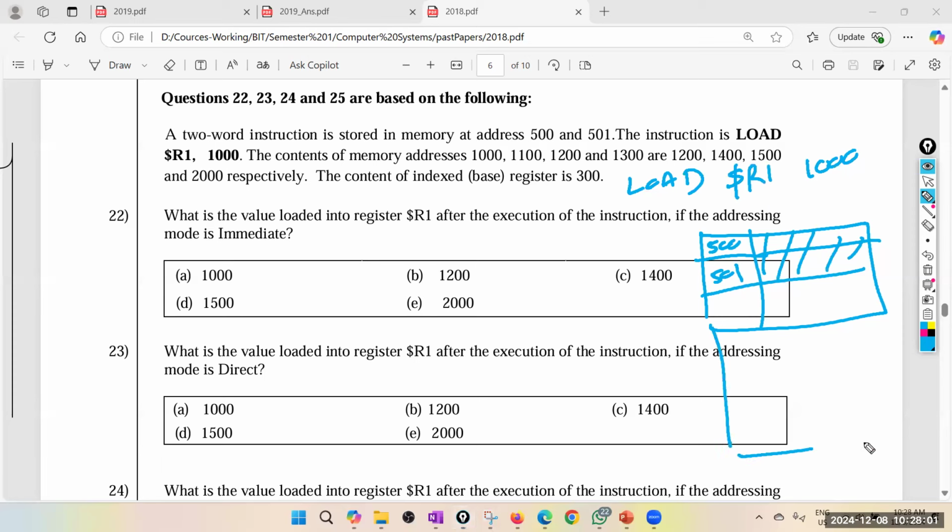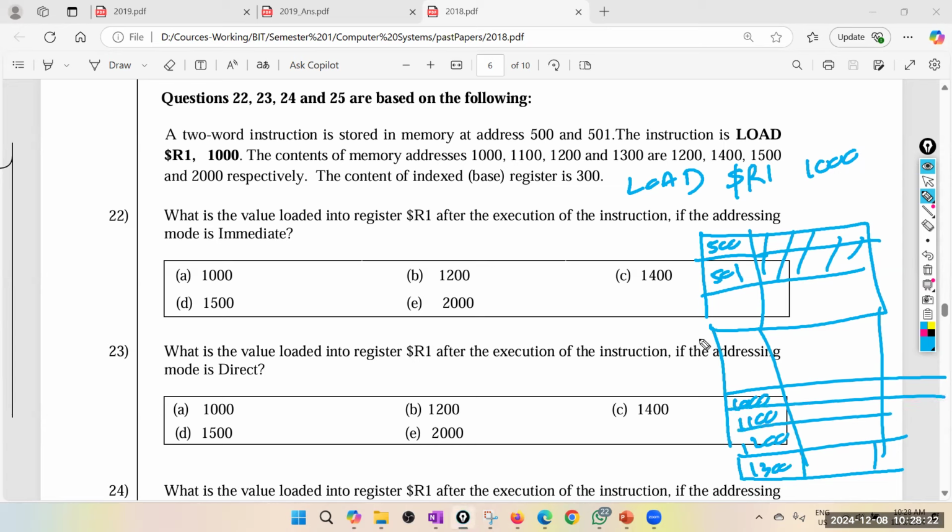So there are further memory addresses somewhere here: 1000, 1100. That is another address. 1200 and 1300. You have 1200.